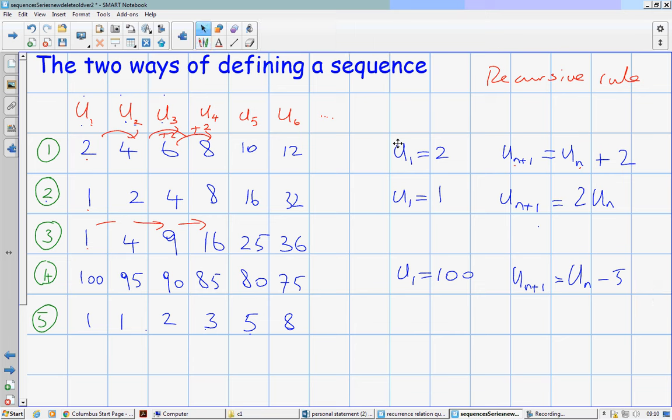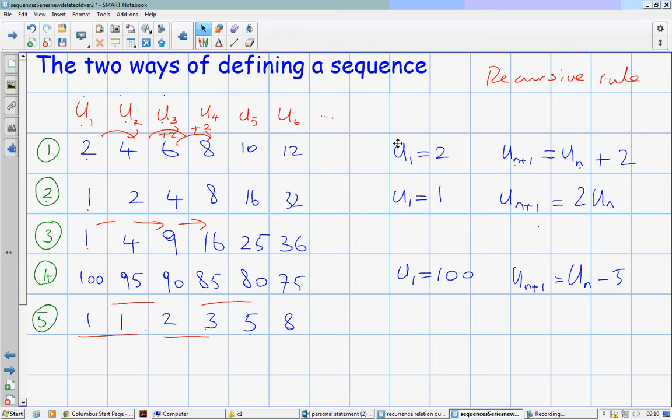Right. Now, the Fibonacci numbers. Slightly more complicated, but it certainly is easier to express recursively than, as I said, using a general term. We need to define the first 2 numbers here. Okay, because you're adding 2 numbers in a sequence together, we need to give the first 2.